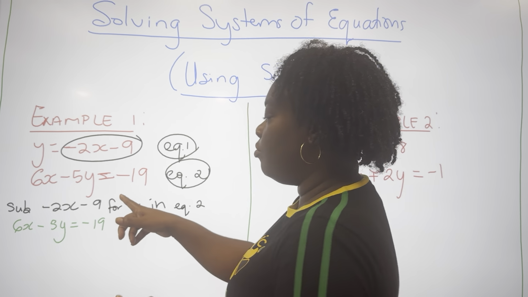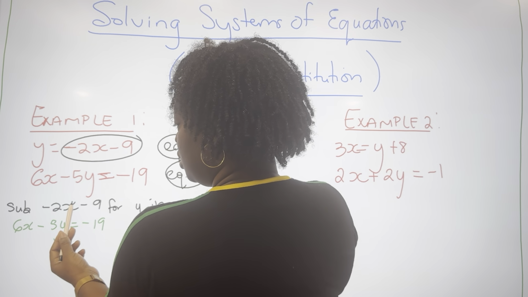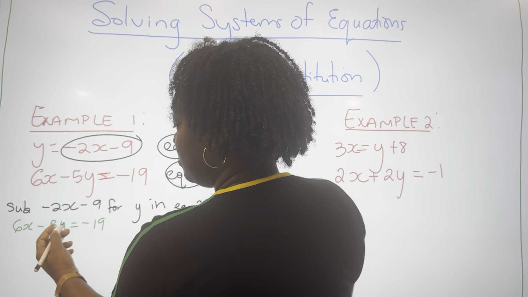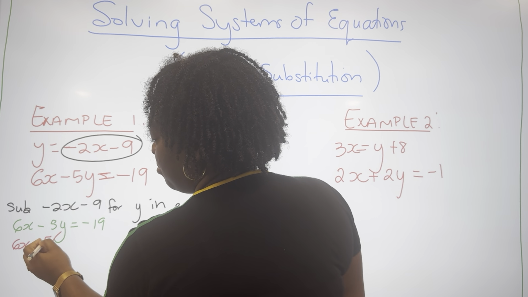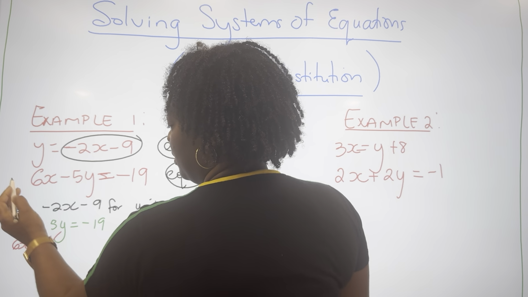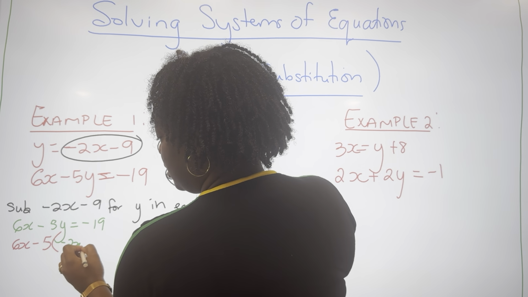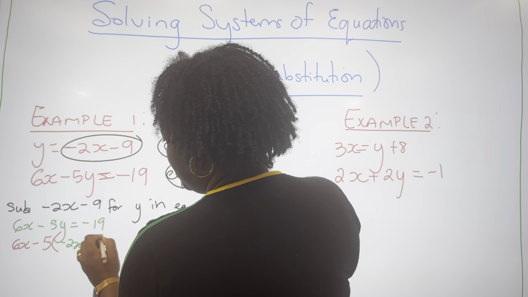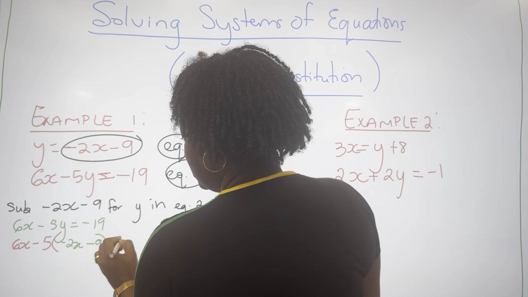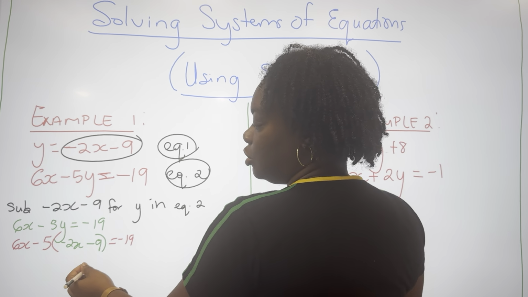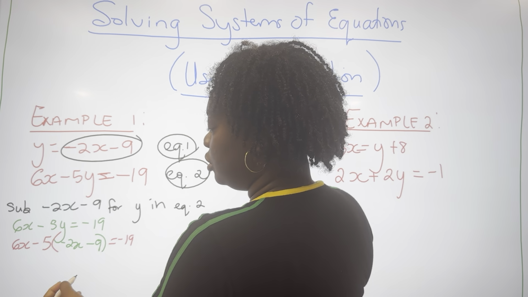So anywhere I see y, I'm going to put minus 2x minus 9. So that's 6x minus 5. And remember, where I see y, I put minus 2x minus 9, equals negative 19. So let's go ahead and we're going to simplify.